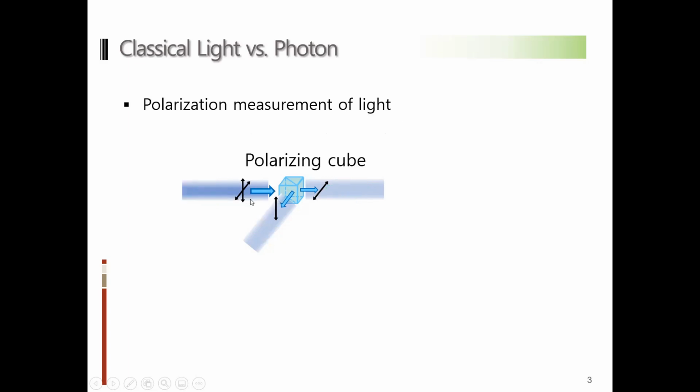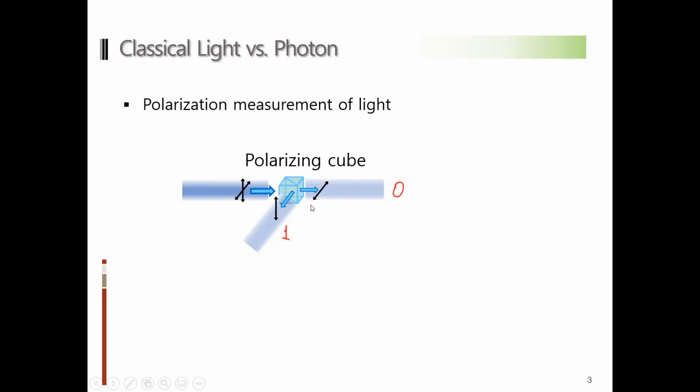Without considering the particle picture, you might say that if I call this horizontally polarized case the zero value, zero measurement, and the vertically polarized case the measurement of one, then because half of the power is transmitted to zero and half of the power is transmitted to one, on average, once we measure the polarization, we measure the value of 0.5 or something like that.